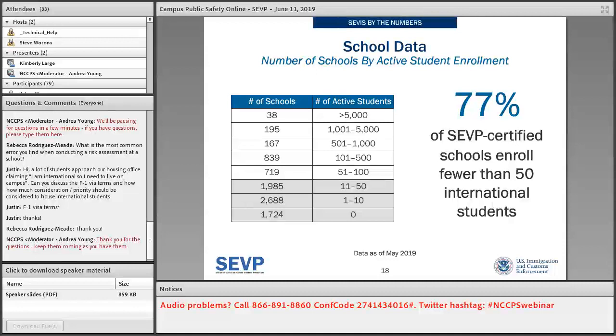What I think is so awesome about this is the PDSOs and DSOs at schools should be recognized for all the hard work that they do, because they may not be handling international student data on a daily basis, because they might also be the registrar and the English teacher. And so they wear a lot of hats.